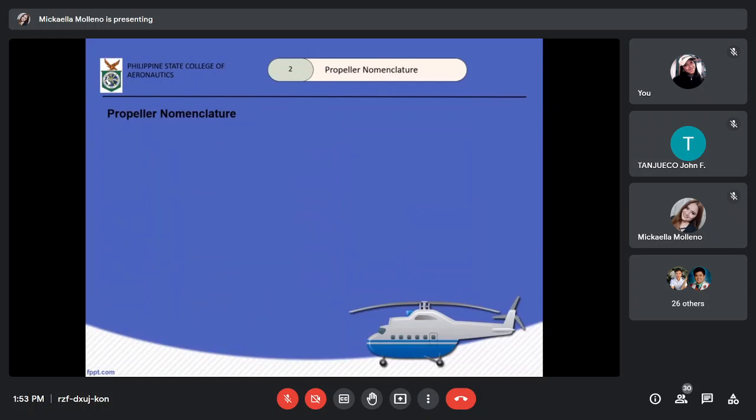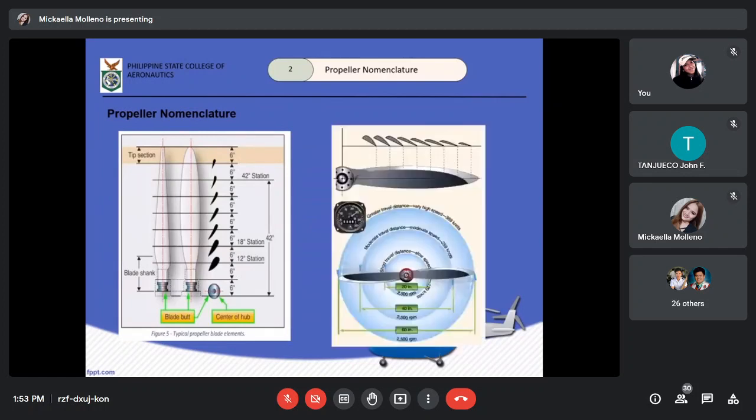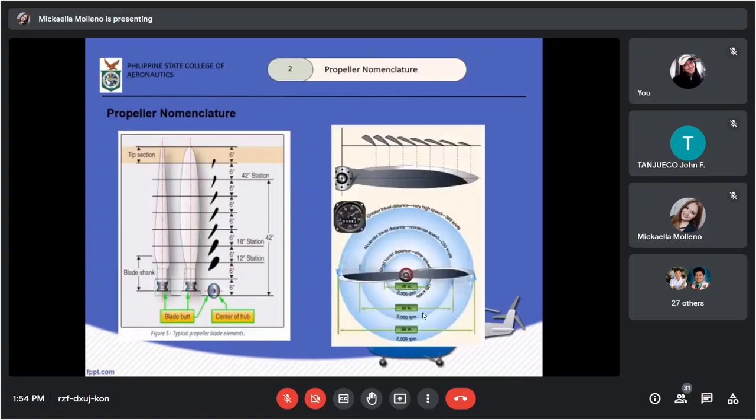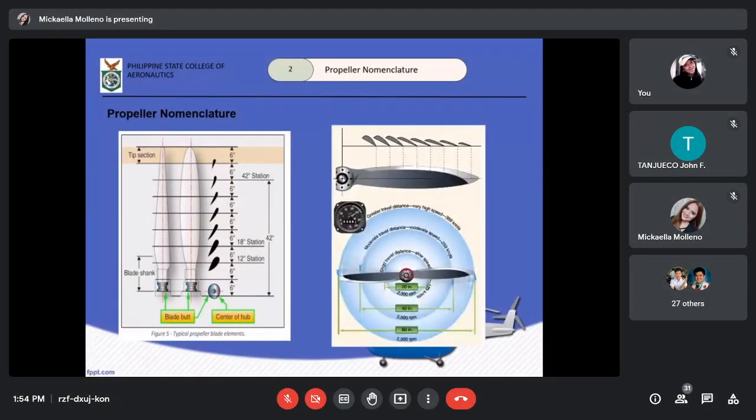The next one is, eto, nandito na tayo. So, to aid in identifying specific points along the length of our propeller blade, most blades have several defined blade stations. So, ano nga ba ang blade station? I think you encountered this term na sa inyong gas turbine engine.